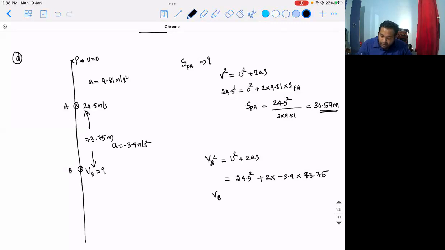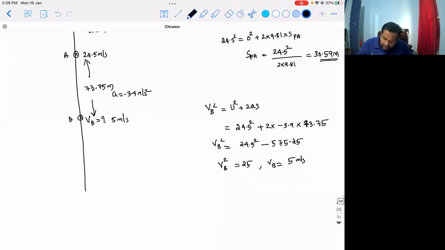Therefore, VB squared is equal to 24.5 squared minus 2 times 3.9 times 73.75. That is 575.25. So 24.5 squared minus 575.25 gives VB squared as 25. Therefore, VB is the square root of 25, that is 5 meters per second.